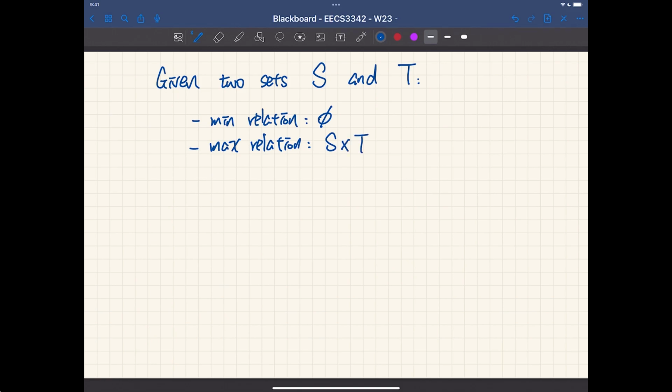And we want to figure out the entire range of possible relations that can be drawn from S and T. Okay? Let's say this is what we want: all possible relations that can be on S and T, right?